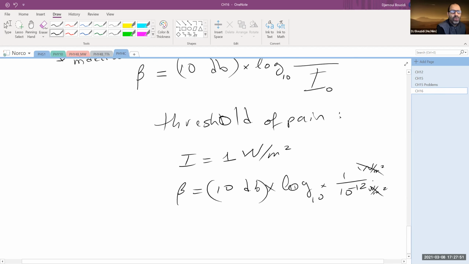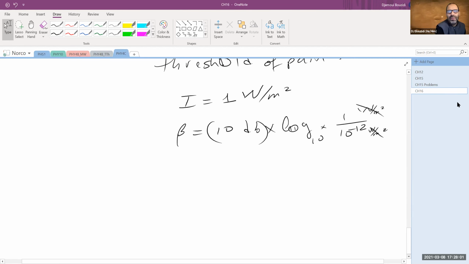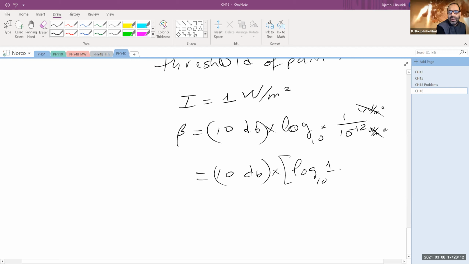And this, as duly noted, has to be dimensionless inside the argument of the log. And log of 1 is 0, and log of 10 to the negative 12 is negative 12. So this is going to be 10 in decibels times, if you remember the relationship, the log of the ratio is the log of the numerator minus the log of the denominator.